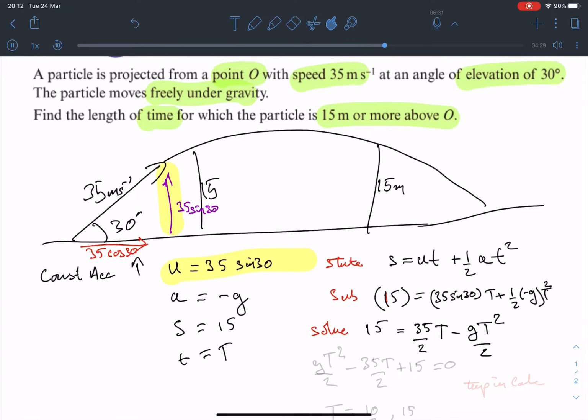Set up the quadratic and we'll get gt squared over 2 minus 35t over 2 plus 15 equals 0.